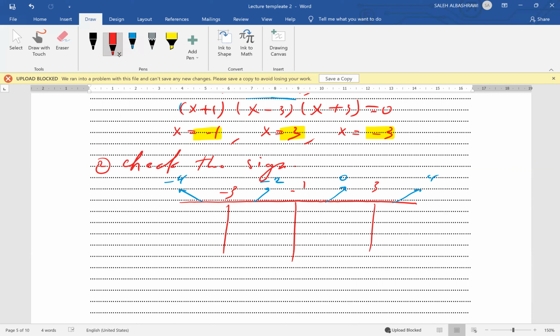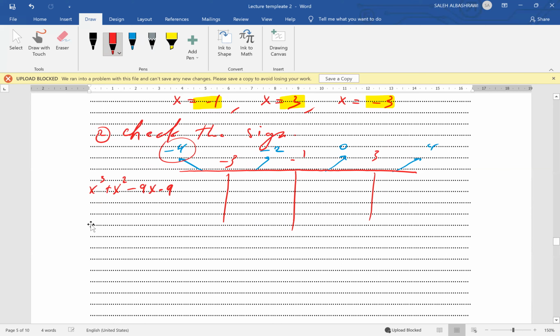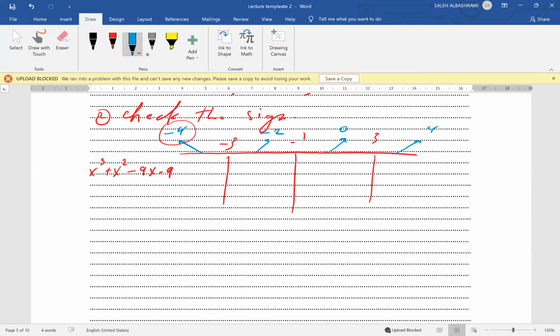My polynomial again is x to the power 3 plus x squared minus 9x minus 9. So replace x by minus 4. That will be minus 4 to the power 3 plus minus 4 to the power 2 minus 9 times minus 4 minus 9.